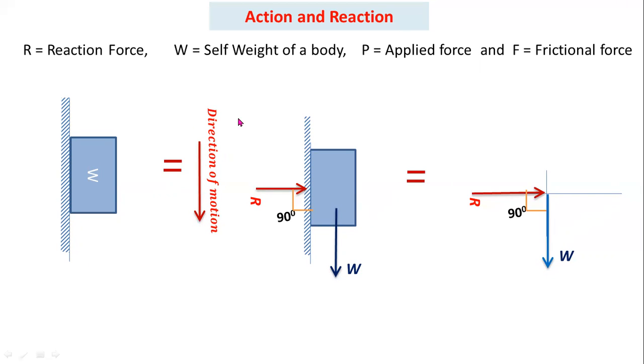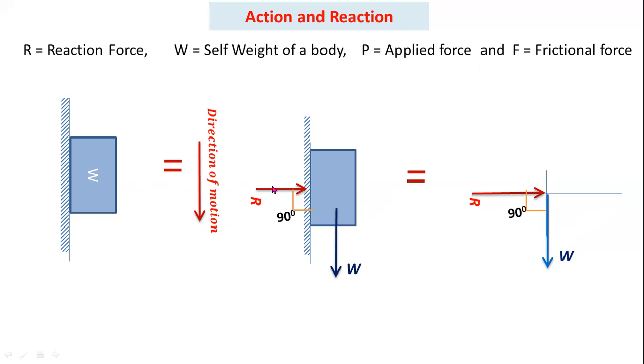If the direction of motion is vertically downwards, then you have to consider a frictional force opposite to the direction of motion.